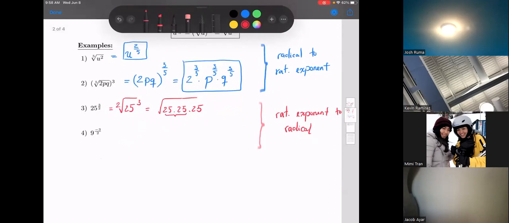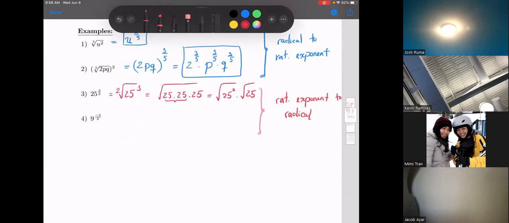Remember, I can break it apart. So square root of 25 squared, you can simplify that. Square root of 25 is 5.